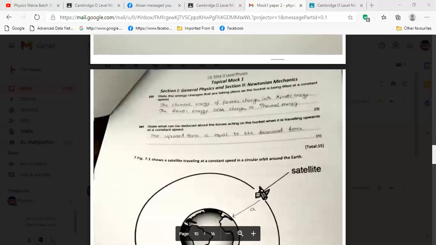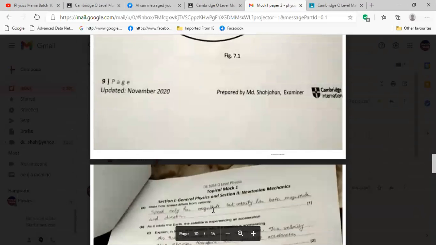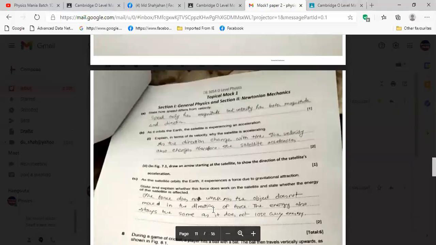And then, sir, I gave the acceleration arrow towards the earth. It is correct. Now read what you wrote.